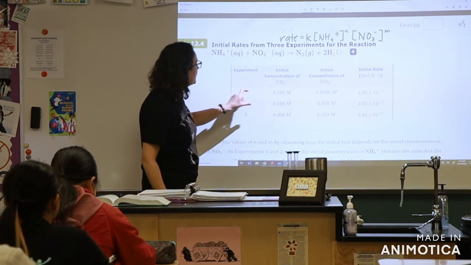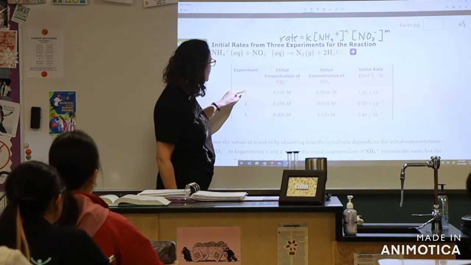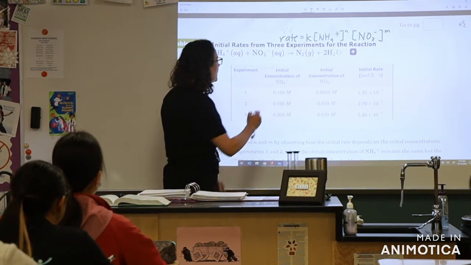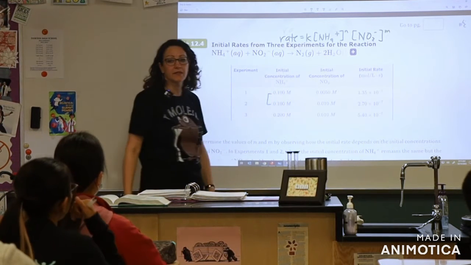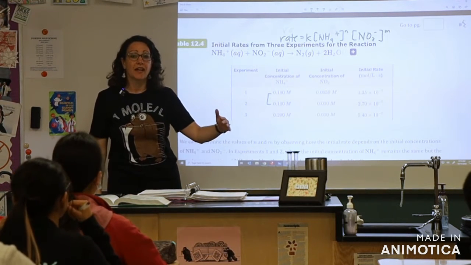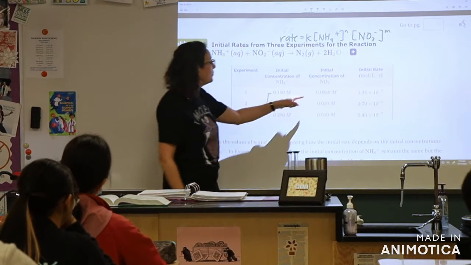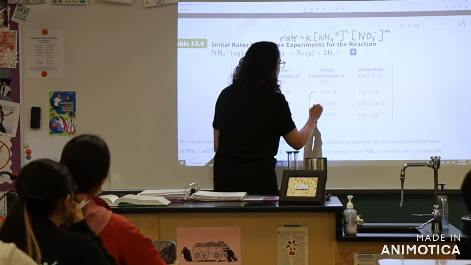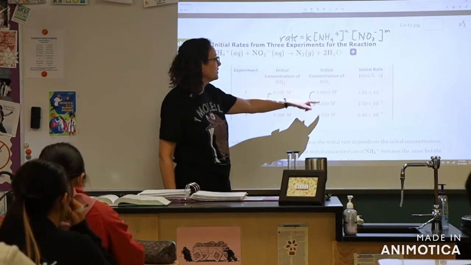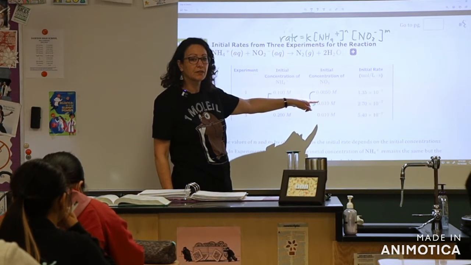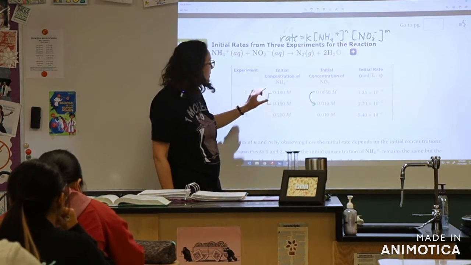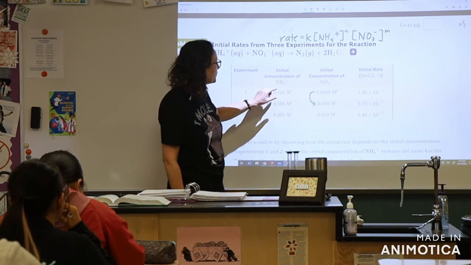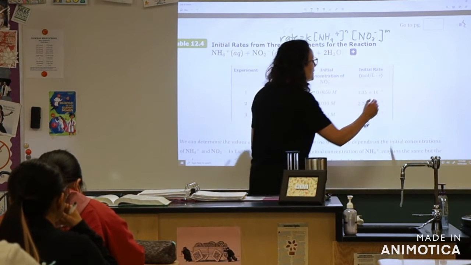All right. If you notice here, between experiment 1 and experiment 2, I have held the ammonium constant. So that concentration hasn't changed at all. But if I look between reaction 1 and reaction 2 here, the concentration of the nitrite has doubled. Yeah? So if this is constant, it can't affect the rate. If this is doubled, how did it affect the rate?